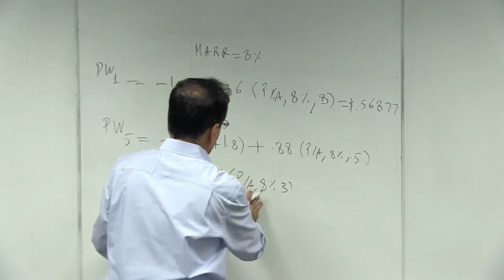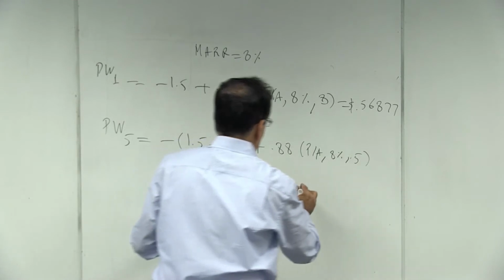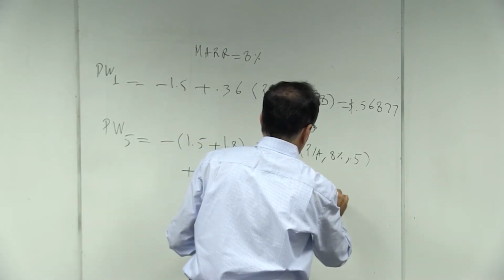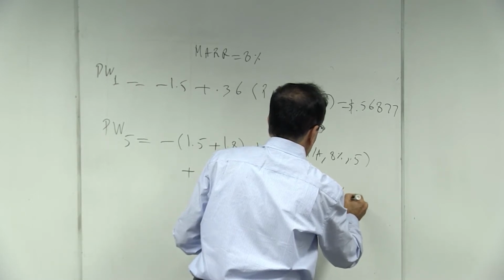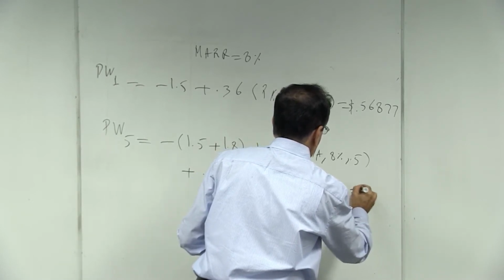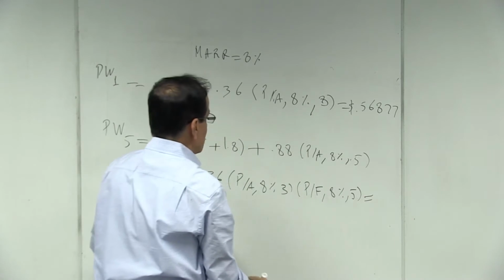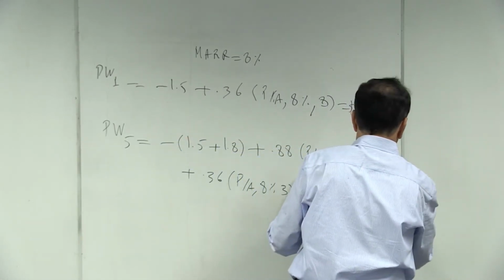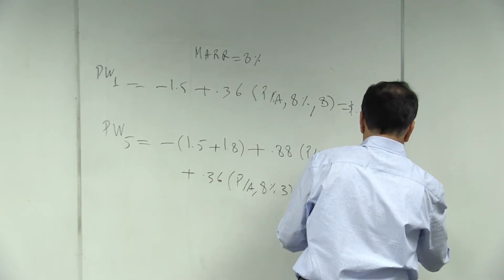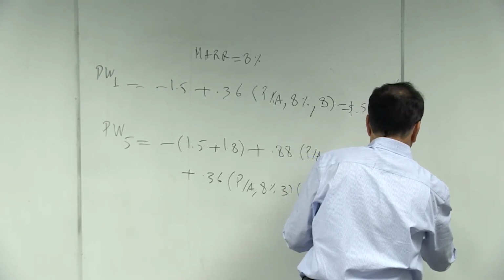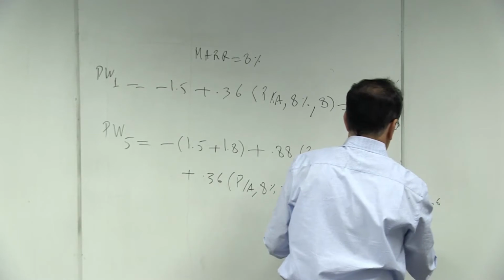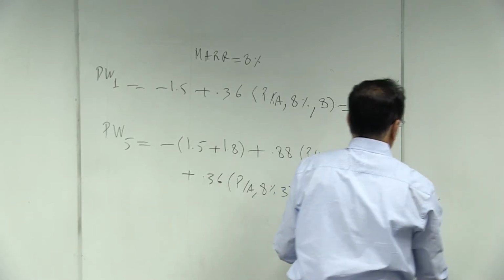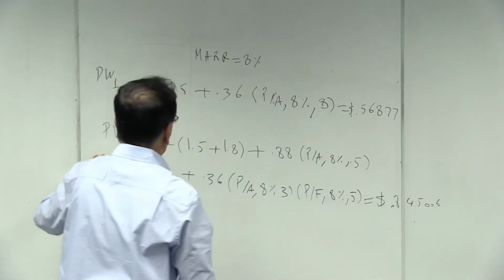That's the present worth of the income at year 5, and you bring it to time 0 by multiplying by P given F, 8%, and 5 periods. If you find this, it's going to be 0.845006. Again, everything is in millions. So that's the present worth of bundle number 5.